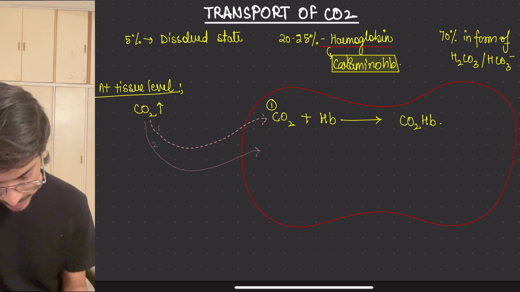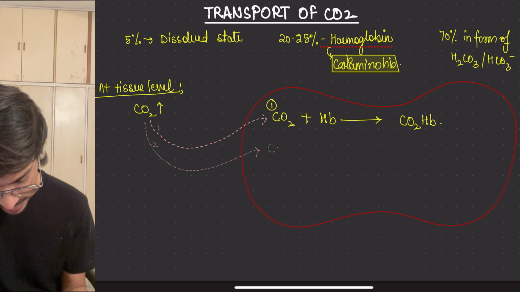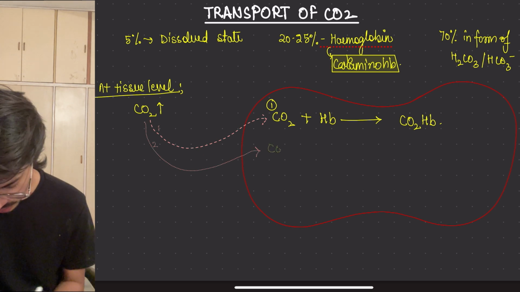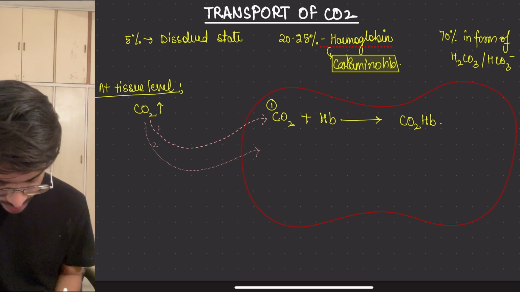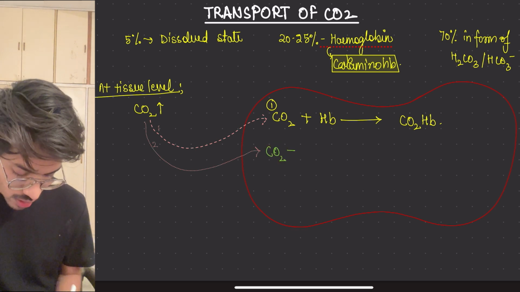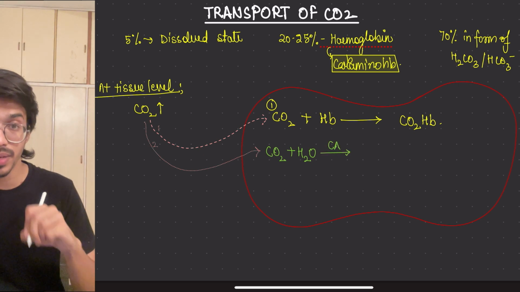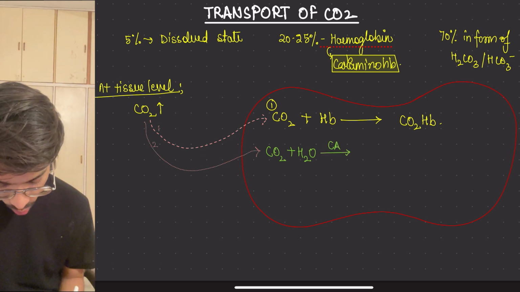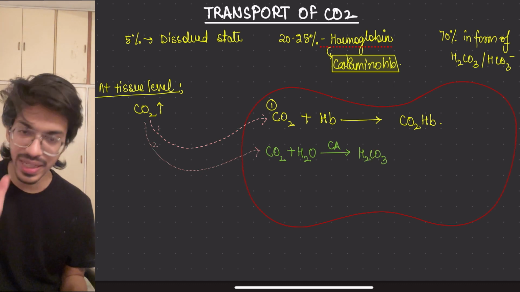Here your carbon dioxide, as it goes inside, joins with water in the presence of carbonic anhydrase enzyme, which is most abundant inside it, and forms bicarbonate. This bicarbonate doesn't stay like this, it breaks up.